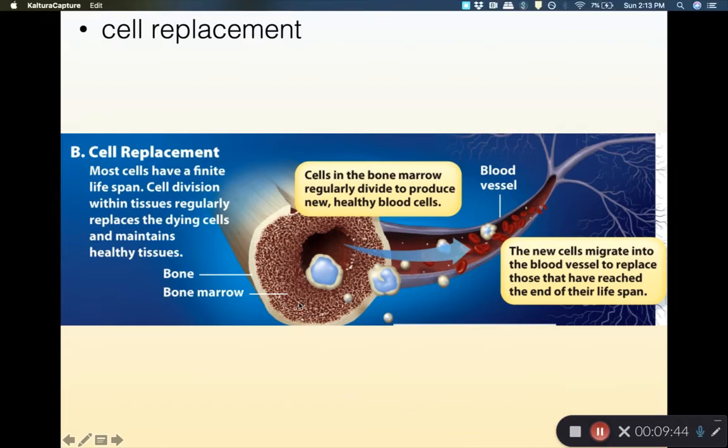Another important thing to note is that cells in the bone marrow can be a type of stem cell that can then be used to regenerate different types of cells in the body. So it's a very important system in cell replacement, because only a few types of cells can really do this and do this regularly in the body.